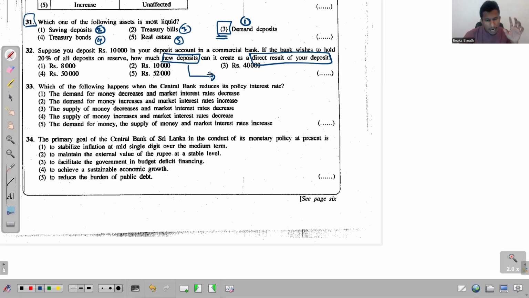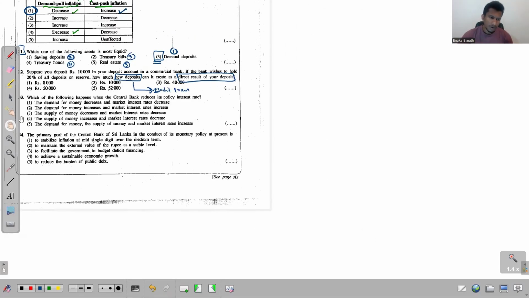In this context, new deposit must be equal to the immediate loan that the bank can create, the credit that the bank can create. This is somewhat equal to the initial loan provided by this given commercial bank. So we'll discuss the question and finally I'll explain the meaning of the second part, direct result of your deposit. That part I'll explain again.